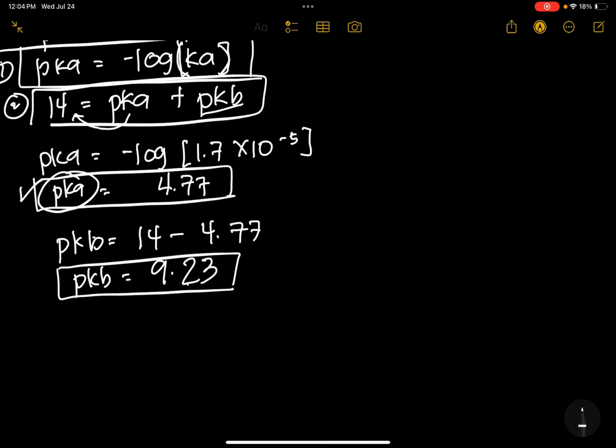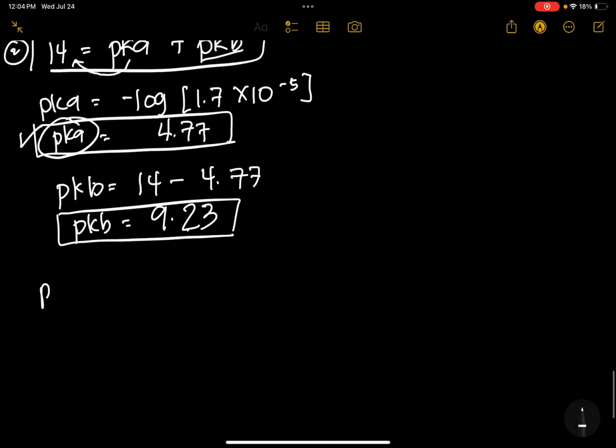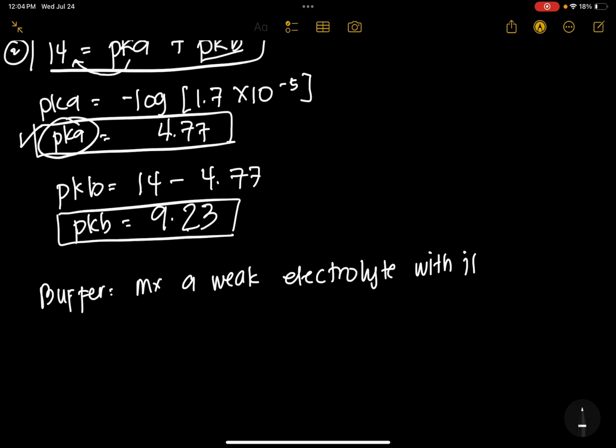Questions 4, save it for the next face-to-face. So, a buffer is a mixture of a weak electrolyte with its salt.